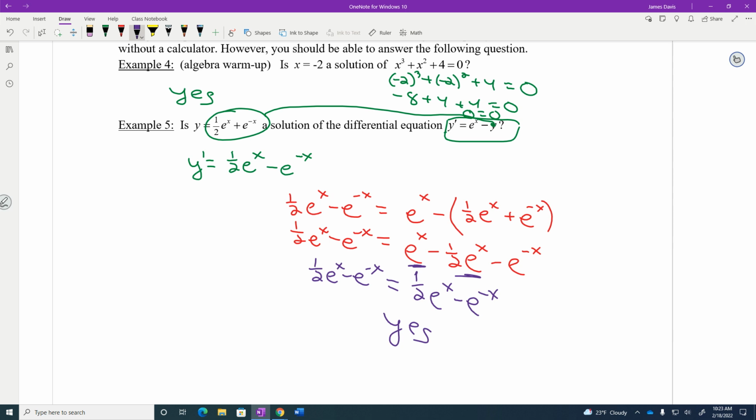Which part? Like really towards the beginning, the setup here. So if I write out the original equation. So here's the original equation. We found y prime first, so that we could plug it in for y prime. So that's right here. And then the y in the initial equation is what it gives you here.